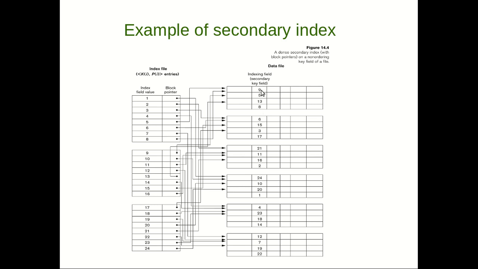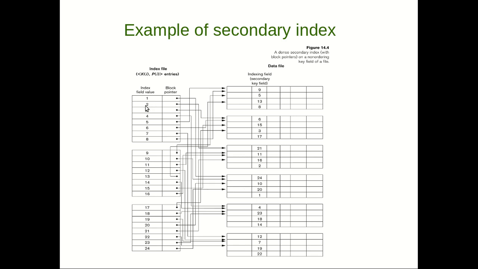That is why a pointer is required to each of the blocks or each of the records. But the index is in sorted order, the sorted order of this indexing field. This is number 1. Where is number 1? It is in this block. Therefore, this record pointer or block pointer should point to this particular block.